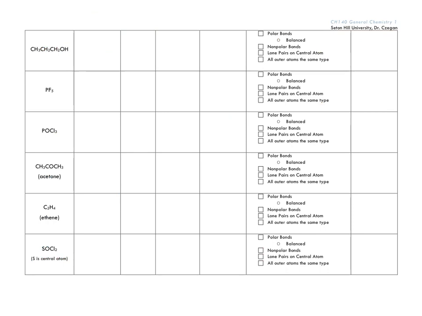Okay, let's move on to the second page and do a few examples off of here. I'm actually going to jump all the way down here to SOCl2. This was one of the molecules that I think we had on our other worksheet.